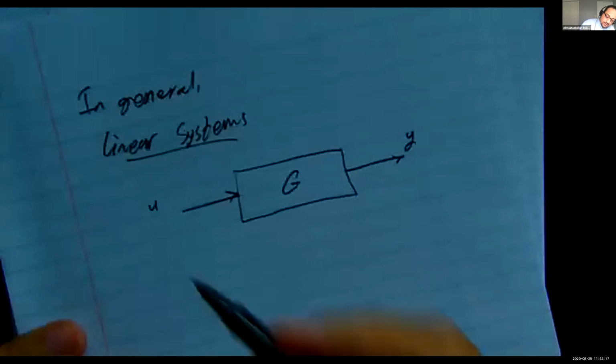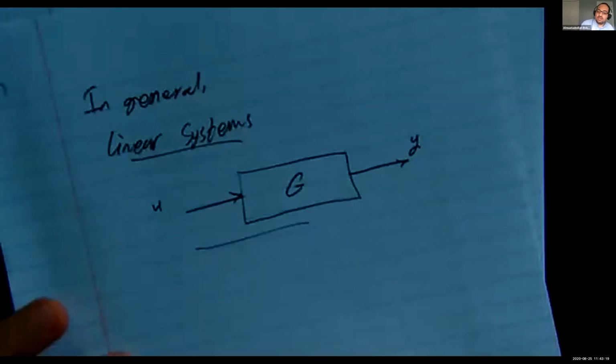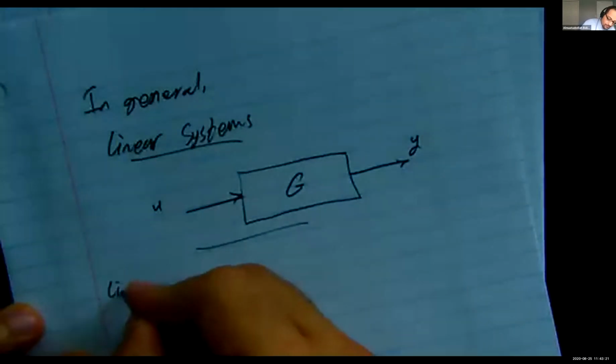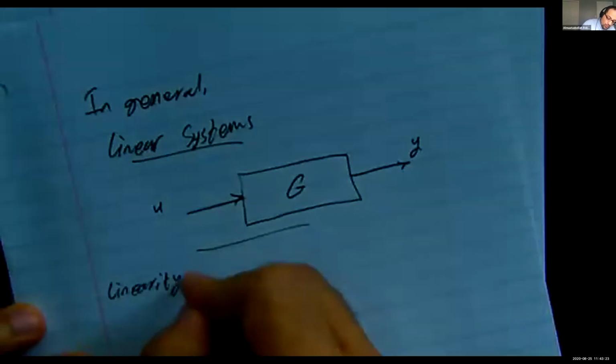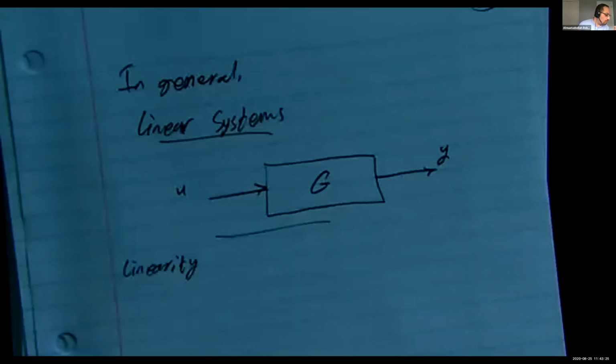Now let's talk about the definition of linearity. What do we mean by a linear system? Can anybody tell me what it means for the system to be linear? The frequency of the input and output remains constant. Okay, that's true.